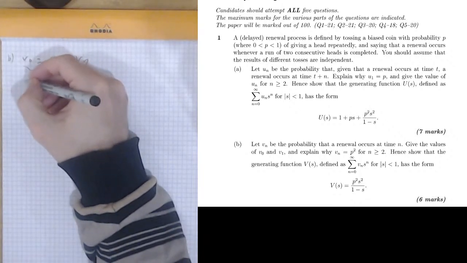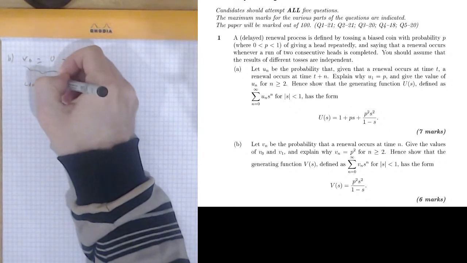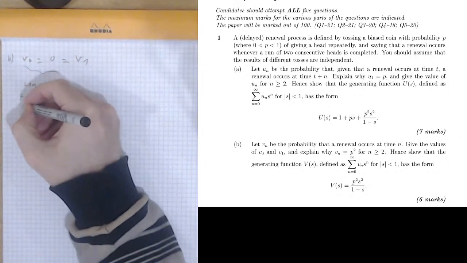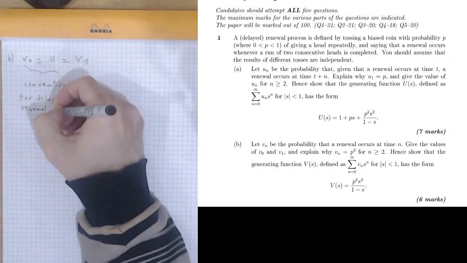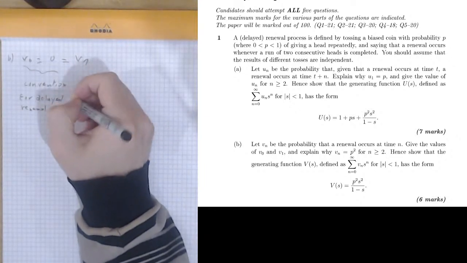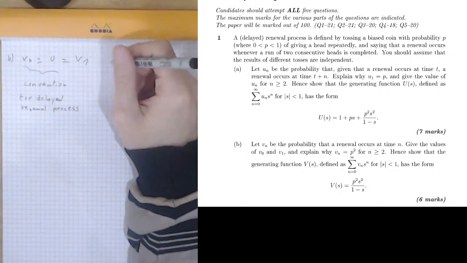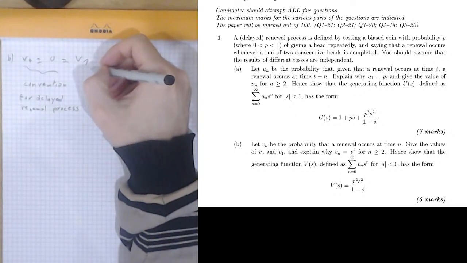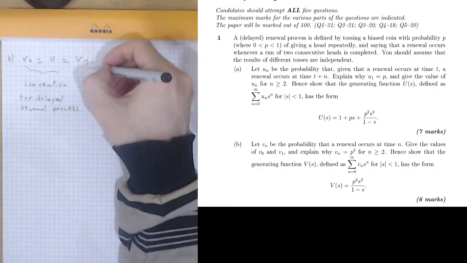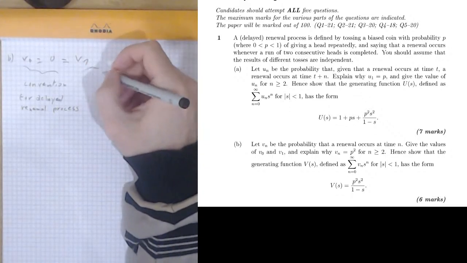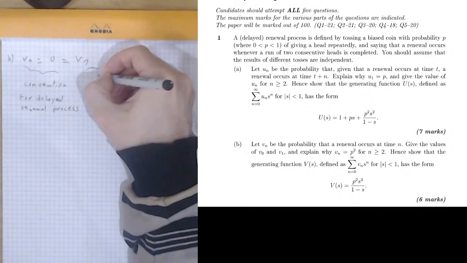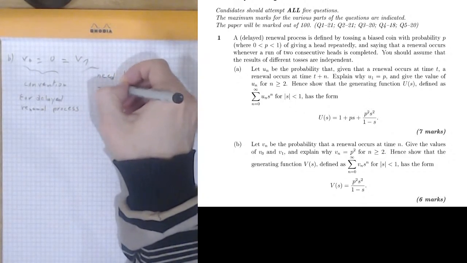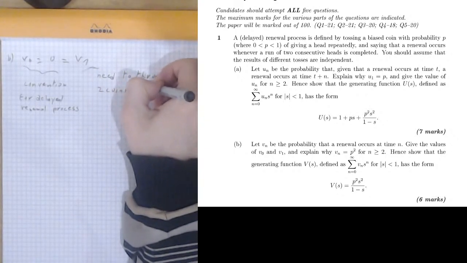That's more of a convention for a delayed renewal process. And maybe check the answer file, maybe they explain that differently. And V1 equals 0. Well, you can't throw 2 heads if you've only thrown 1 coin. You need to throw 2 coins before a renewal.